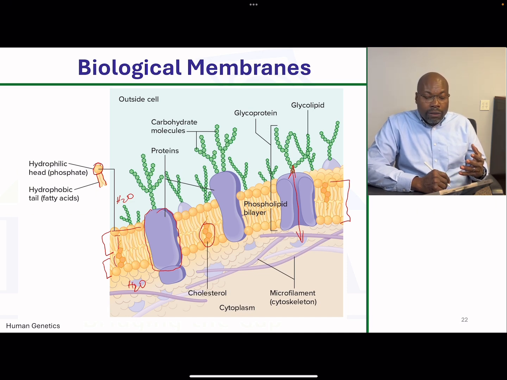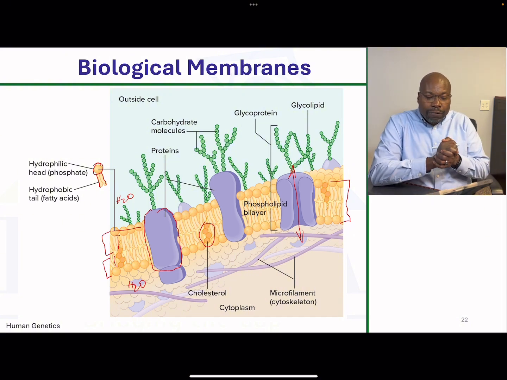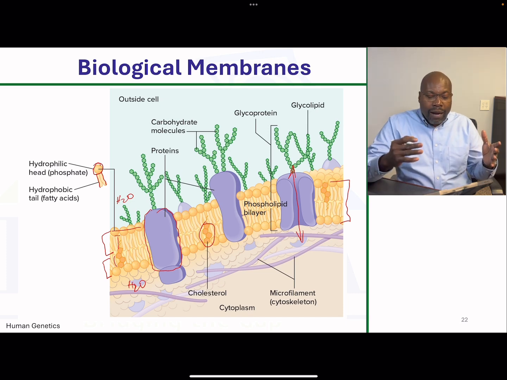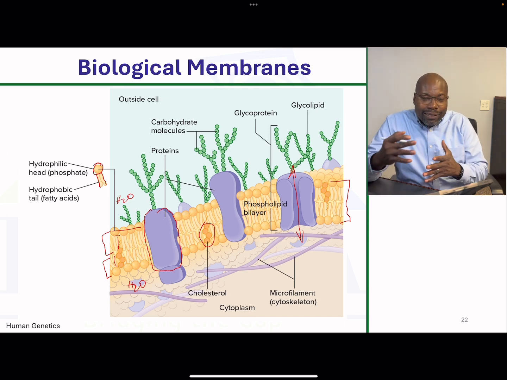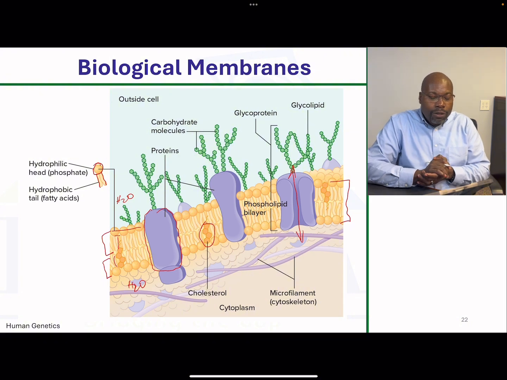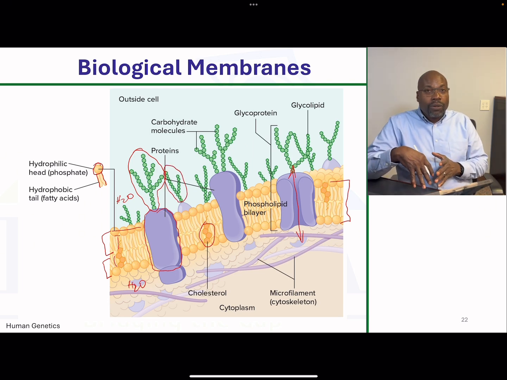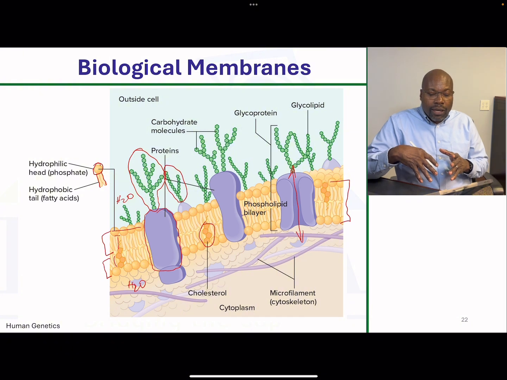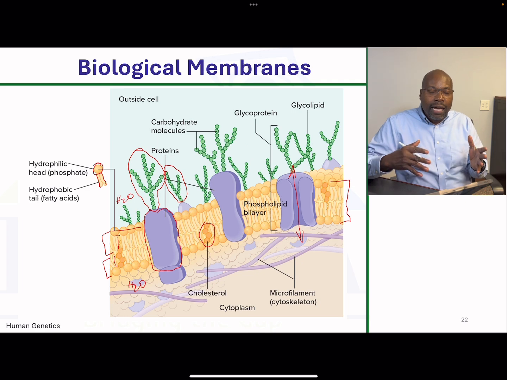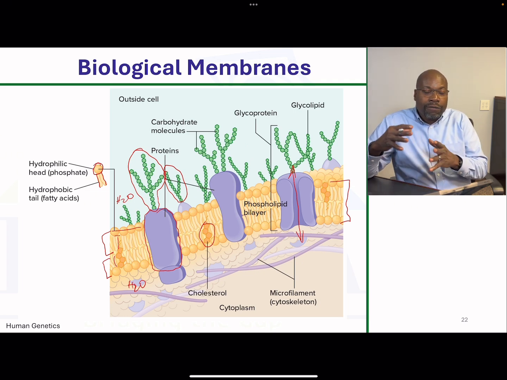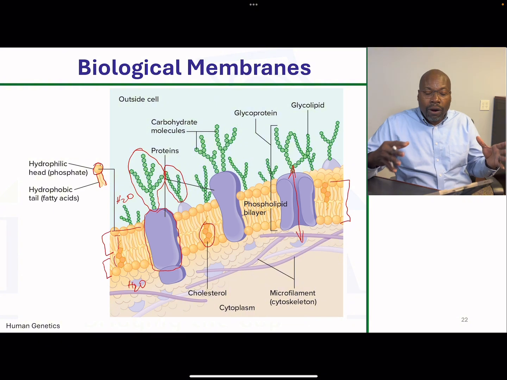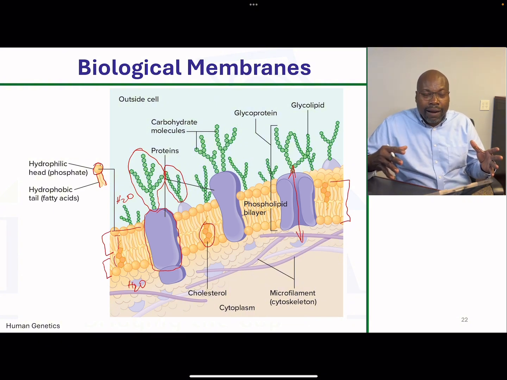Some of them are proteins that allow the cell to attach to a specific matrix, provided that they recognize that matrix, right? You have some sugars that are added to the proteins. These sugars are very important because they allow cells to tell each other apart. A skin cell knows that it is in the midst of skin cells because of some surface markers they are able to recognize, right?